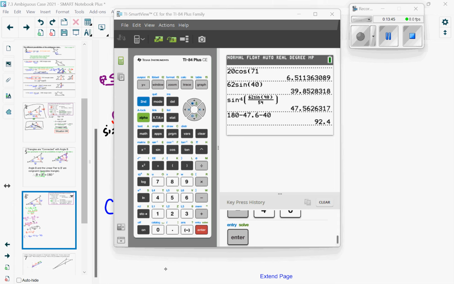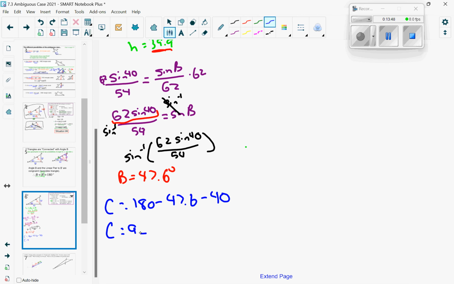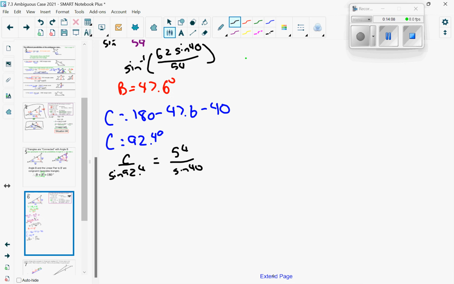So C has to be 92.4 degrees. And then last but not least, we can find little c through law of sines. So little c over sine 92.4 equals 54 over sine 40; multiplying both sides by sine 92.4, little c equals 54 sine 92.4 over sine of 40.